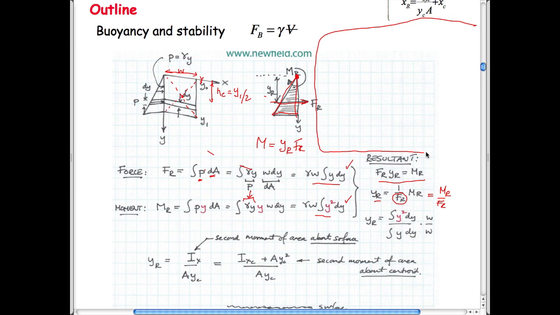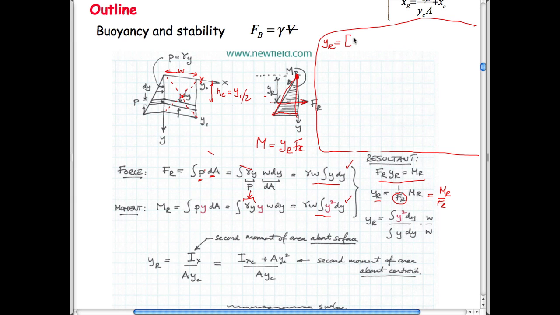So I'm going to see if I can limit myself to my little games within this little contour. So this is the expression we have: the lever arm is equal to this. So what's the integral of y squared dy?